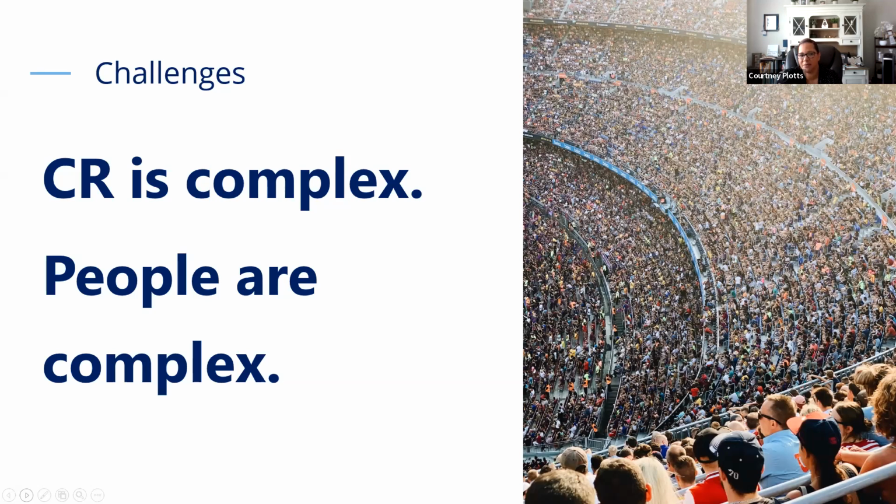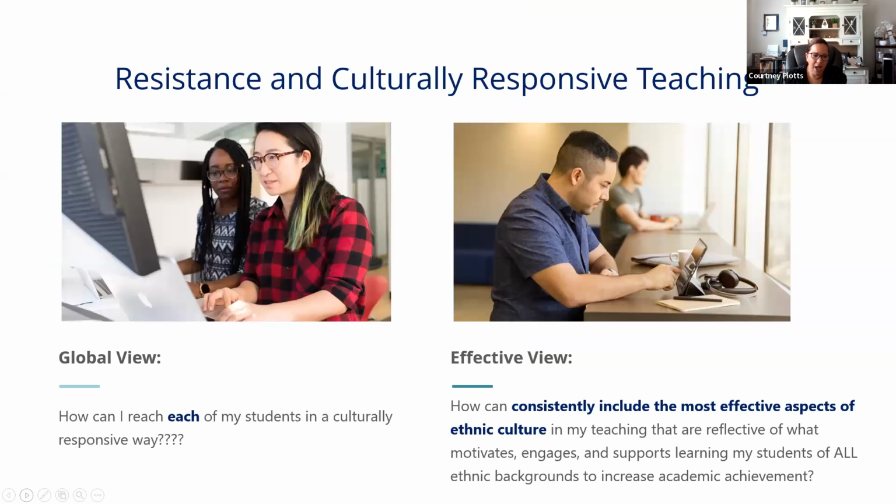And the problem is anytime you have something polarizing, it makes people double down on whatever their original beliefs are. And that's partly due to that complexity of the human experience, right? I can meet someone who looks like me and sounds like me and grew up in my same neighborhood, but that doesn't mean that we view things the same or think the same or have the same experiences. And so what that's created is this resistance to anything that's culturally responsive.